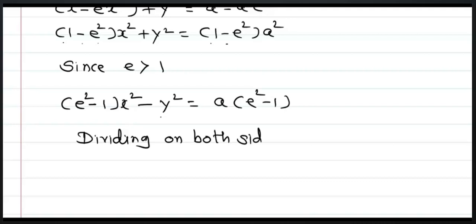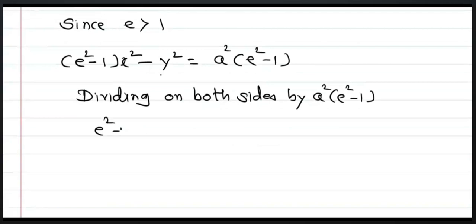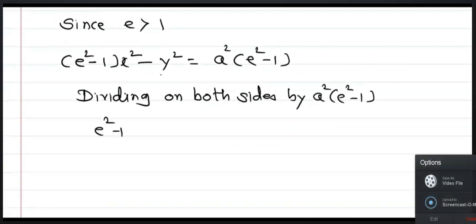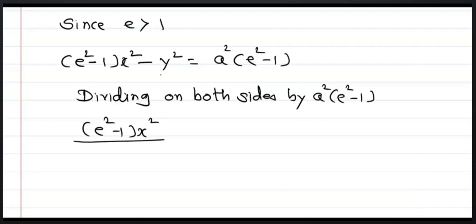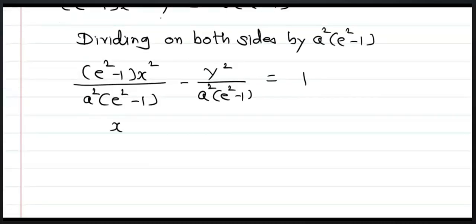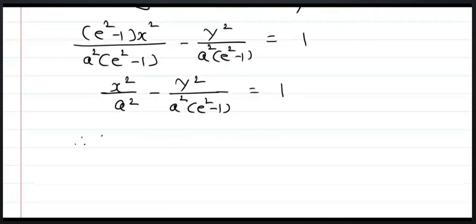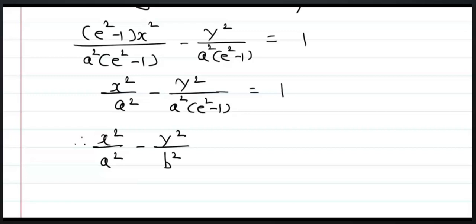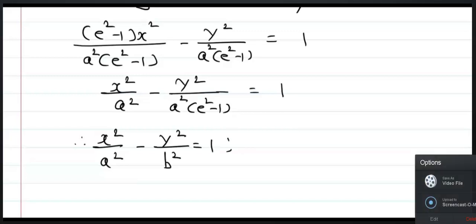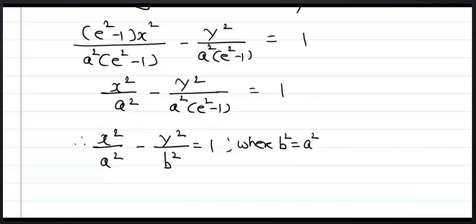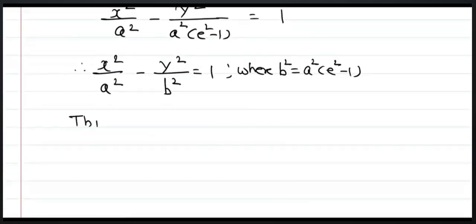Dividing on both sides by a square (e square minus 1), you will get x square upon a square minus y square upon a square (e square minus 1) is equal to 1, that is x square upon a square minus y square upon b square is equal to 1, where b square is equal to a square (e square minus 1).